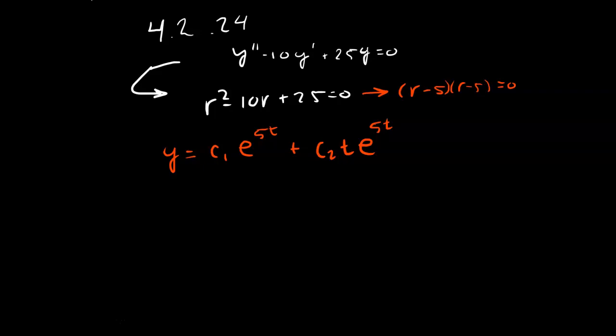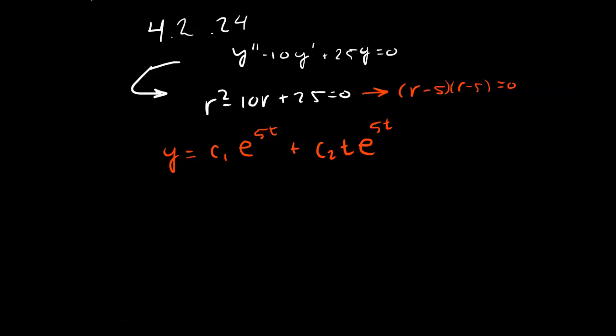Now what's kind of funny is when you're doing these problems, this is really the method you would likely use. You would get here. For this particular number 24, it does ask us for a basis as well. And so for the basis, recall that since this is a second derivative, we need two possible solutions that are linearly independent.